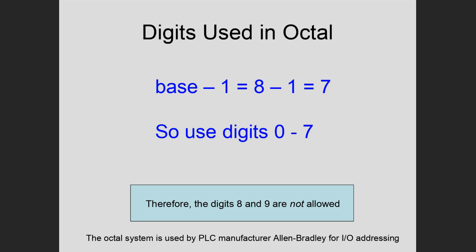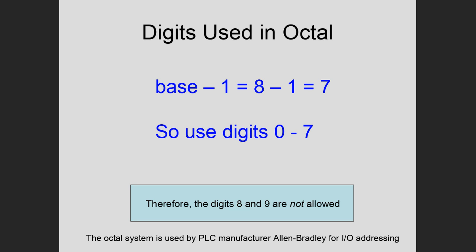So go back to what we said about number systems in general. The base tells us the number of symbols in the number system. And if I take the base minus 1, it tells us the value of the highest symbol in any number system. So base 8 would have 8 symbols, and if I take the base minus 1, 8 minus 1 is 7.